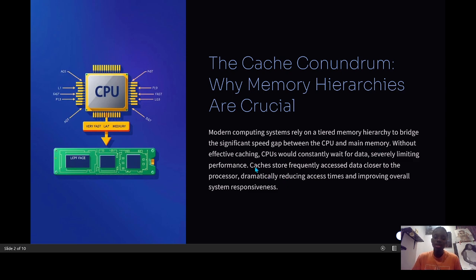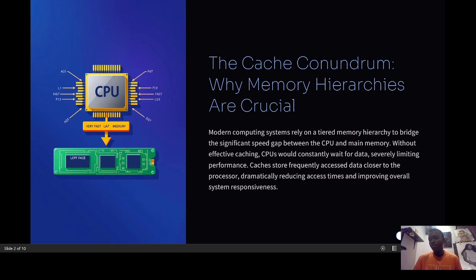Without efficient caching, the CPU would constantly wait for data, severely limiting performance. Cache stores frequently accessed data closer to the processor, dramatically reducing access time to improve overall system responsiveness.